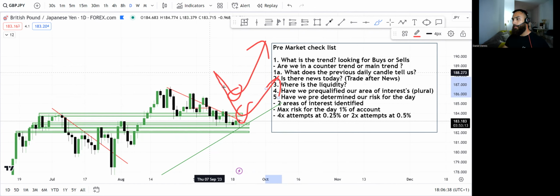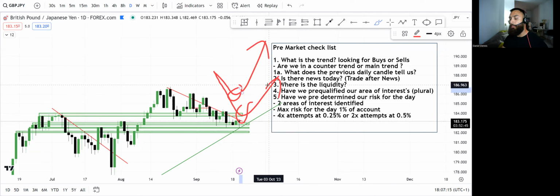So I believe that price is going to make its way to that and keep going. I will then calculate what I'm prepared to risk for that day, or what potentially my account can handle. So if there are two areas of interest, fair enough, then I may do the calculation based on two. If I'm prepared to risk, say, 1% of my account for that day, I could split the 1% over two. So that would be 0.5% of my account for those two trades.